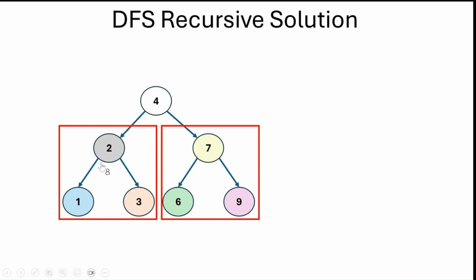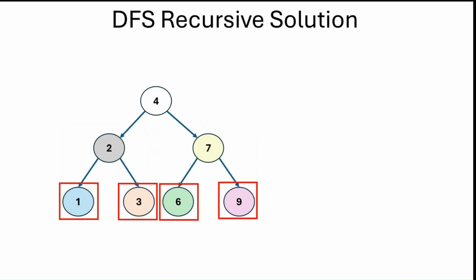Then again, for the next recursion, we can divide it further, like getting the inverted tree for this highlighted subtree. With each recursive call, we divide the big problem of finding the inverted tree for the whole tree into the smaller problem of finding the inverted tree for the subtrees.